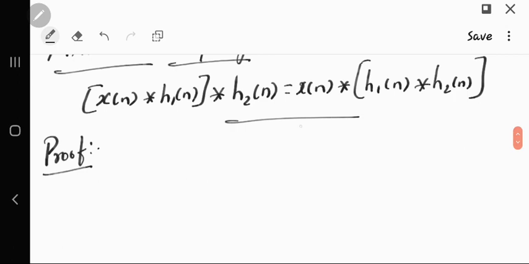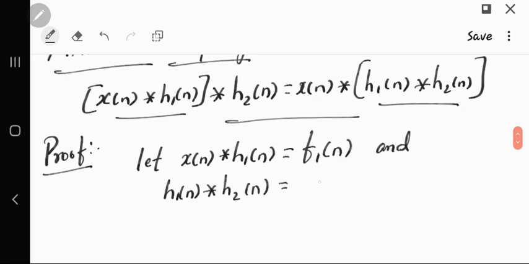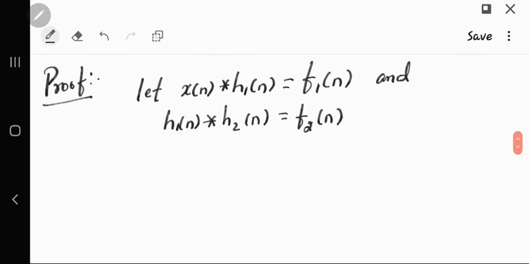So, just before going to this, let us define these two terms here. Let x of n convolved with h1 of n is equal to f1 of n, and here the second one, h1 of n convolved with h2 of n is equal to f2 of n.